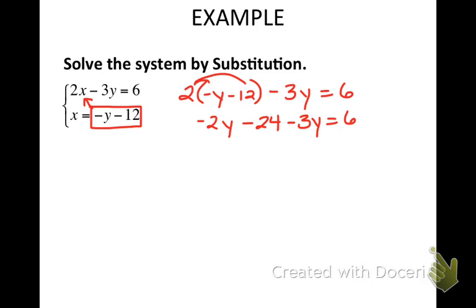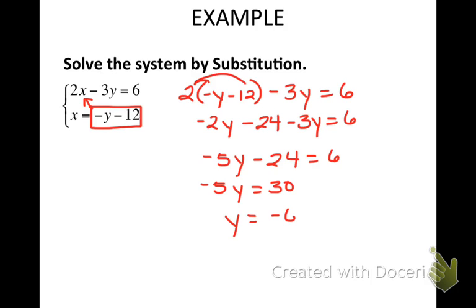Combine those like terms. Negative 5y minus 24 equals 6. Add 24 to both sides. Negative 5y is equal to 30. y is equal to negative 6.